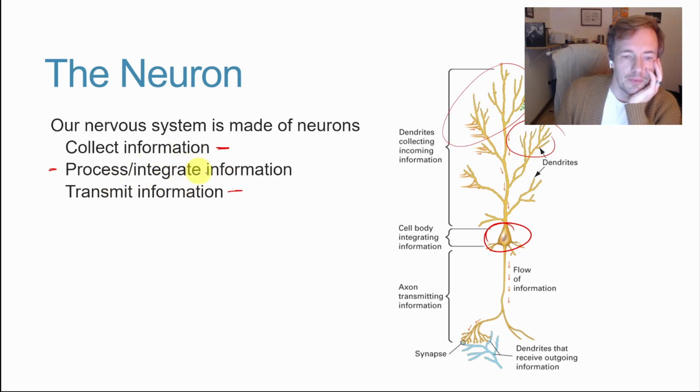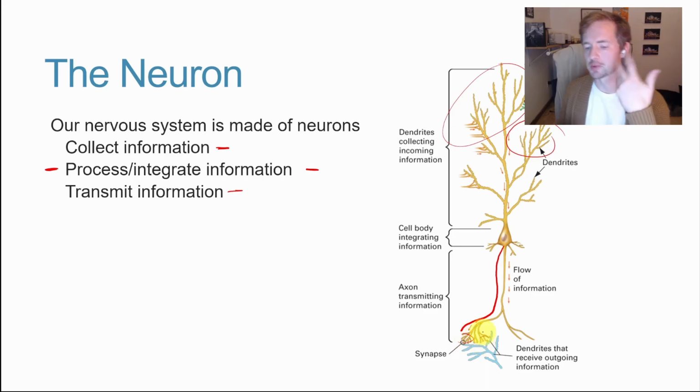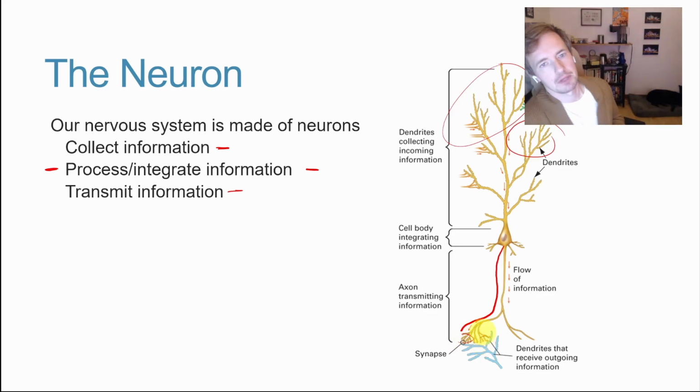So that decision to fire an action potential, an electrical signal, is processing/integrating information, and then after that, that signal is going to move from the cell body down the length of this axon all the way down to these terminal buttons. Sometimes people will call them axon terminals.